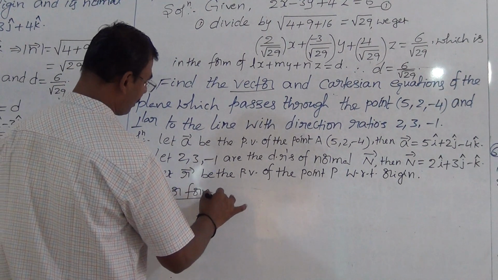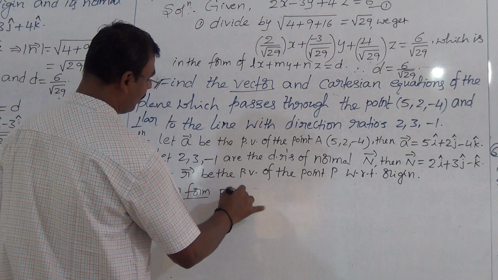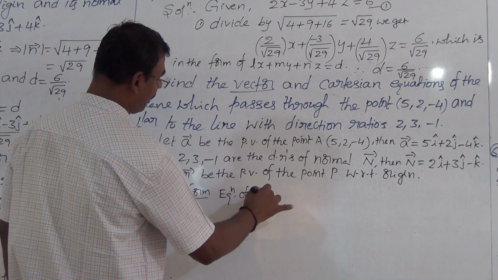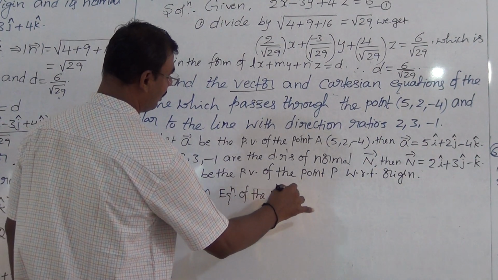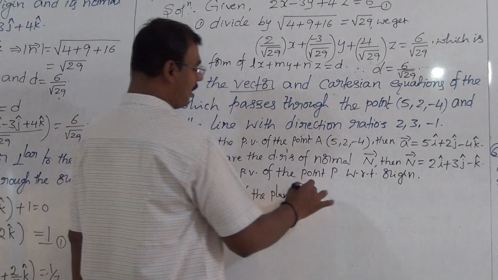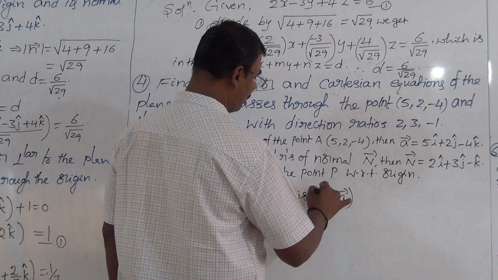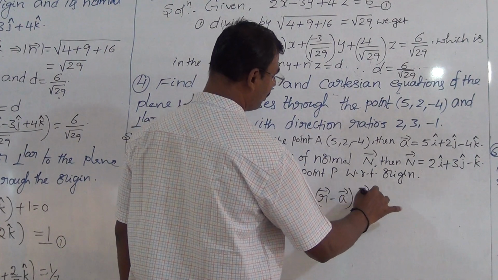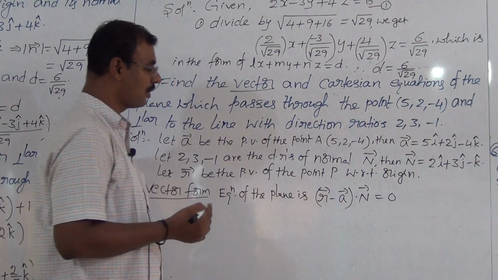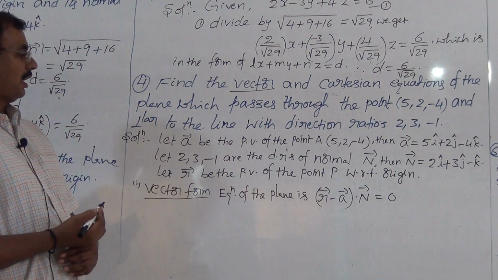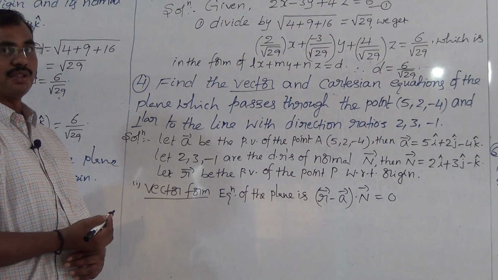What is the equation of the plane? We know that r bar minus a bar dot n bar is equal to 0.